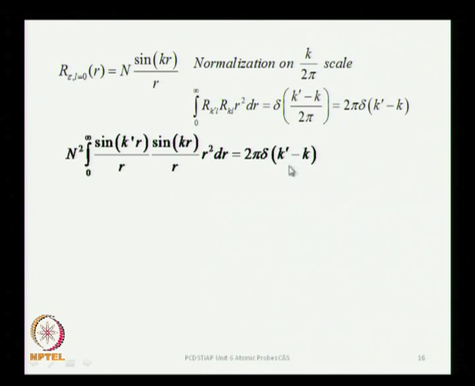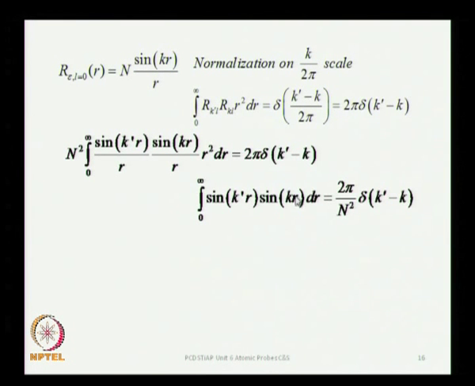So this is your integration. Notice that this r squared will cancel the 1 over r and the 1 over r over here. So what you have is just an integration from 0 through infinity of a product of these two sine functions, given by this Dirac delta normalization.